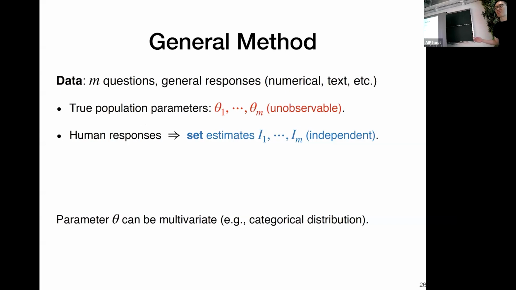It could be multidimensional. Those are not observable. You want to get insights about them, and you collect real human responses for each question. Because the real responses are unbiased, you can use standard statistical tools to construct set estimates: confidence interval, confidence set, or ellipsoid, etc.